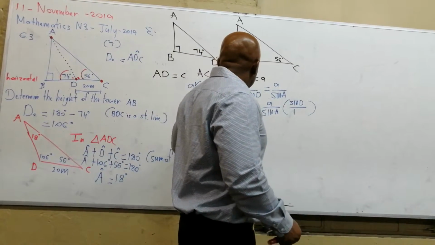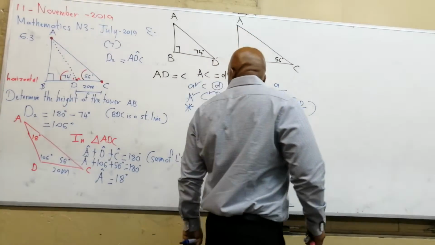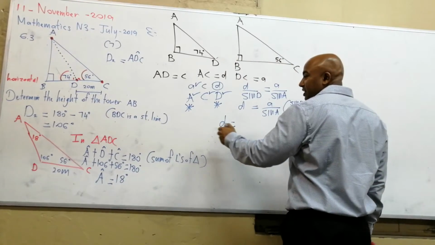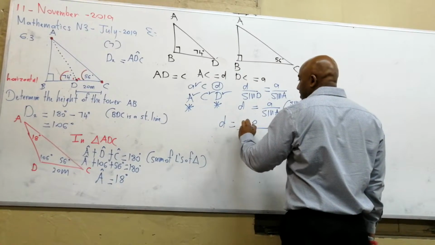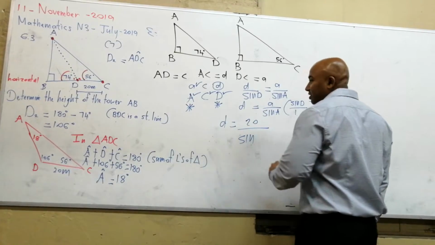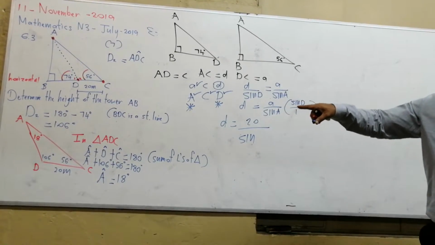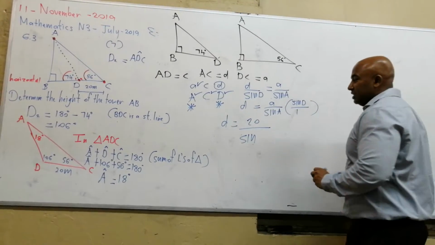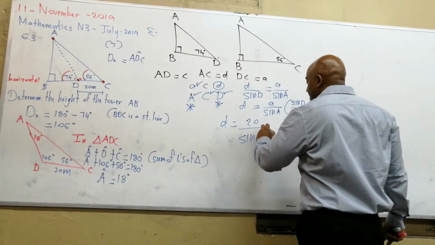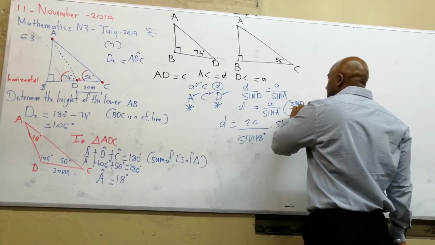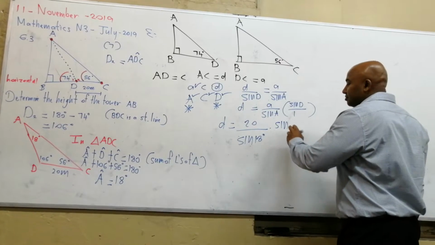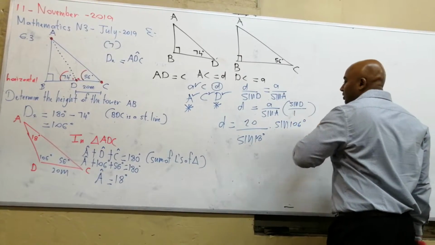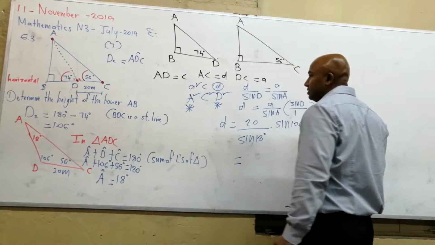Now, d is equal to small letter a. What is small letter a? It's 20 divided by sine of angle A. You can see obviously the angle we had to find because we're using it now. It is 18 degrees times sine of D. What is angle D? 106 degrees.